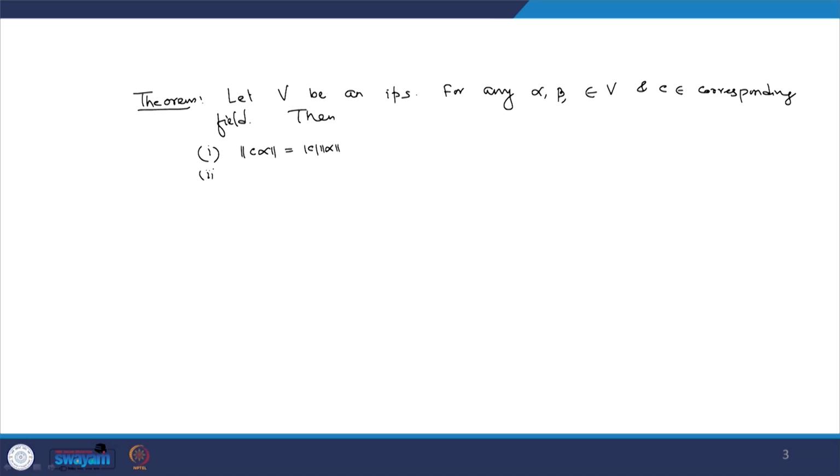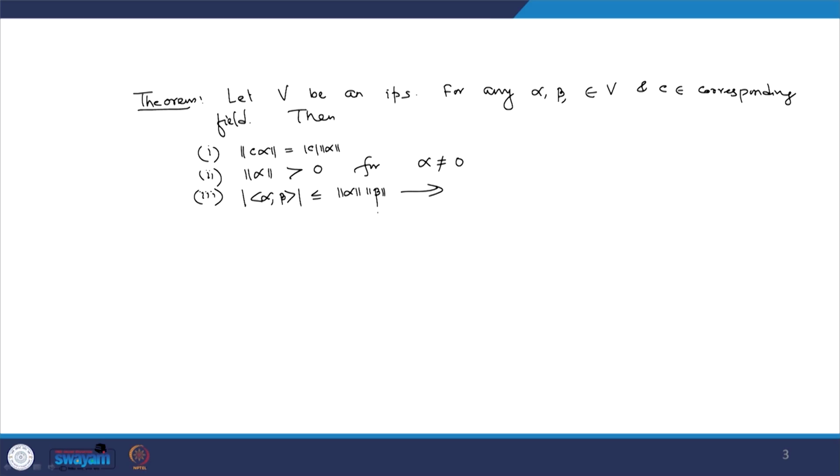Second, norm of alpha is strictly greater than 0 for alpha not equal to 0. Third, magnitude of inner product of alpha, beta is less than or equal to norm of alpha into norm of beta.